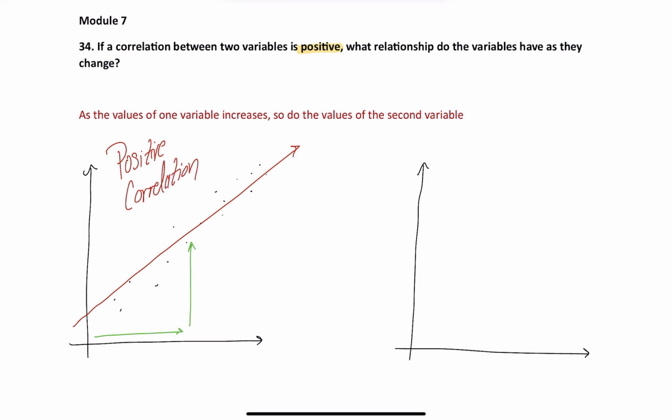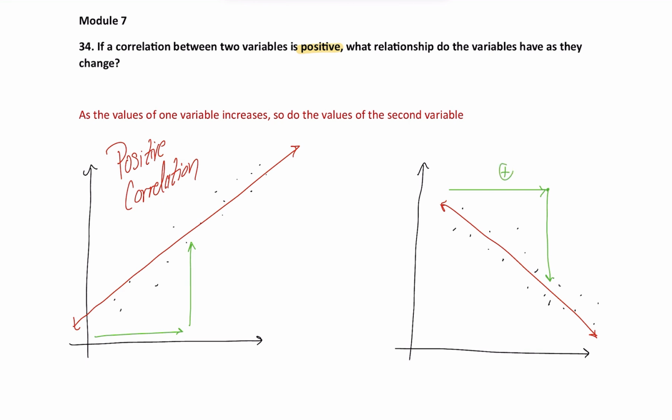Okay, now this question didn't ask that, but just to go over it a little bit as well, a negative correlation is going to be the opposite. As one variable increases, the other variable decreases, and it's going to be related to a negative slope on your graph here. So as you're going from left to right, to get back to the line, we're actually going to have to decrease.